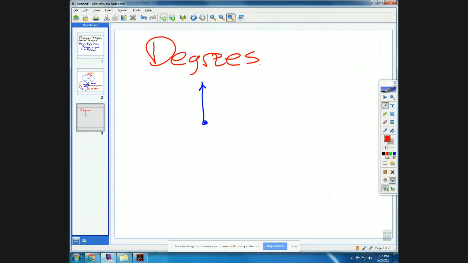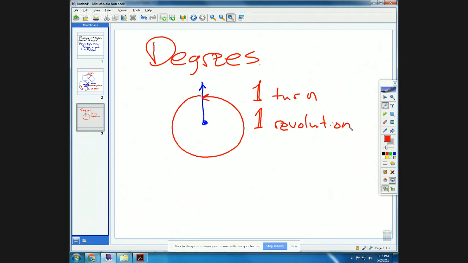And from that direction, I could choose to turn. And so maybe I turn and end up exactly where I started. So I could call this one turn, one revolution, one rotation. I could also call it 360 degrees.